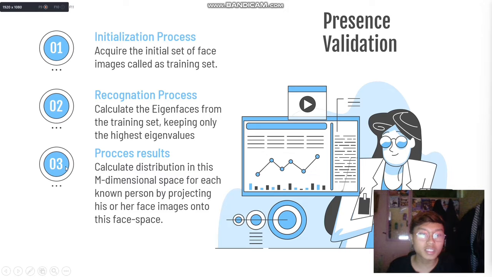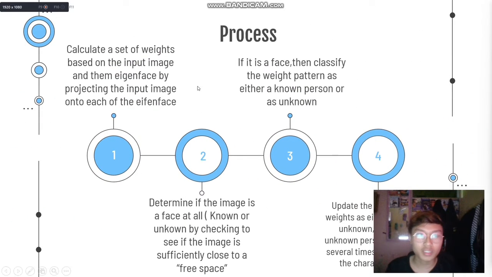Step 3, calculate the distribution in this n-dimensional space for each known person by projecting his or her face image onto the face space. Next, calculate a set of weights based on the input image by projecting the input onto each of the eigenfaces.